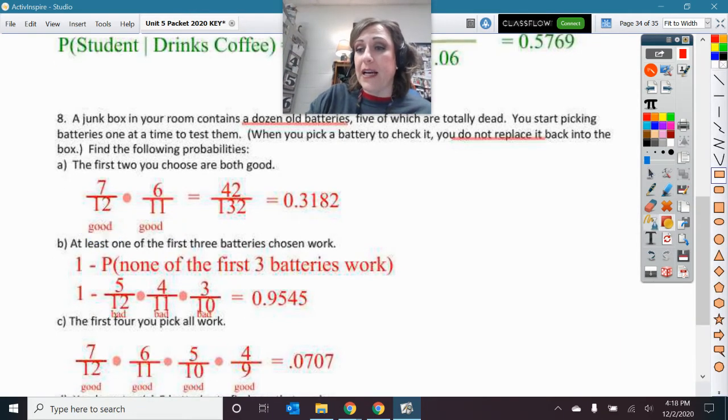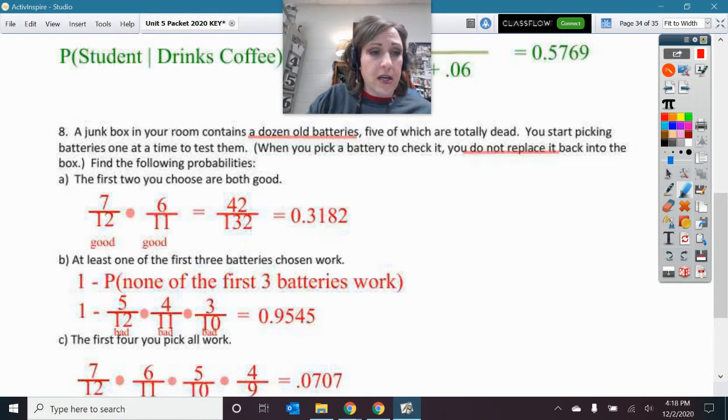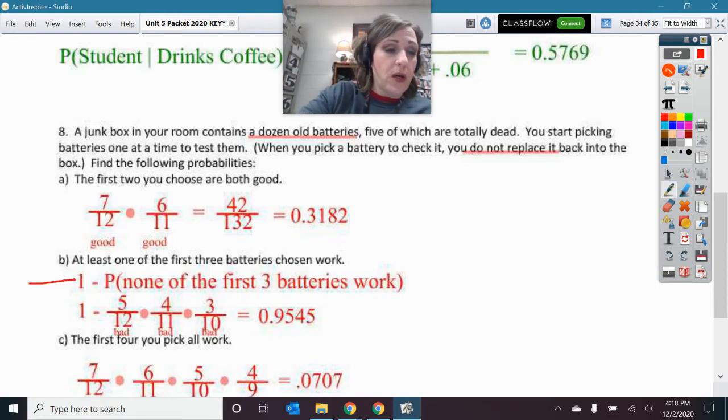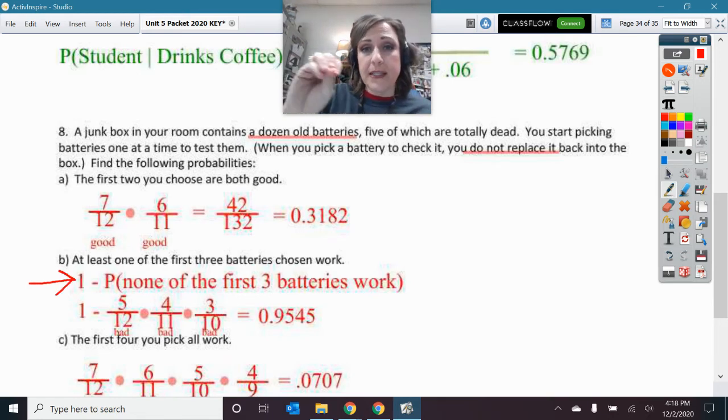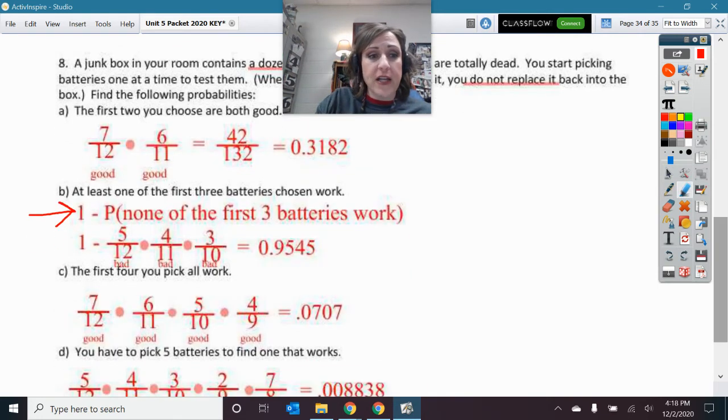Next, we've got our at least one. The probability of at least one is 1 minus the probability that none of the first 3 batteries work. So for none of those first 3 batteries to work, the first 3 batteries are bad. Okay, so we've got to go through that probability of 3 batteries being bad. So that's 1 minus.